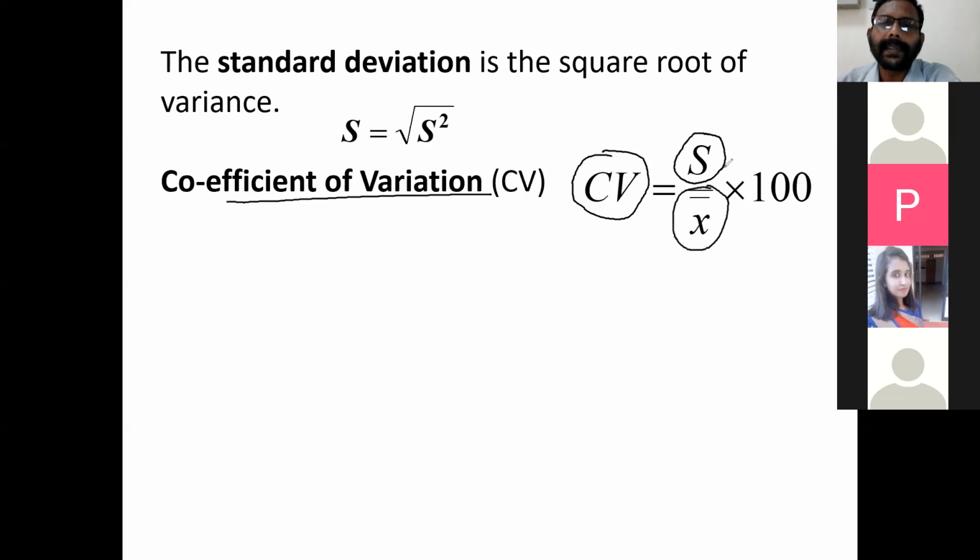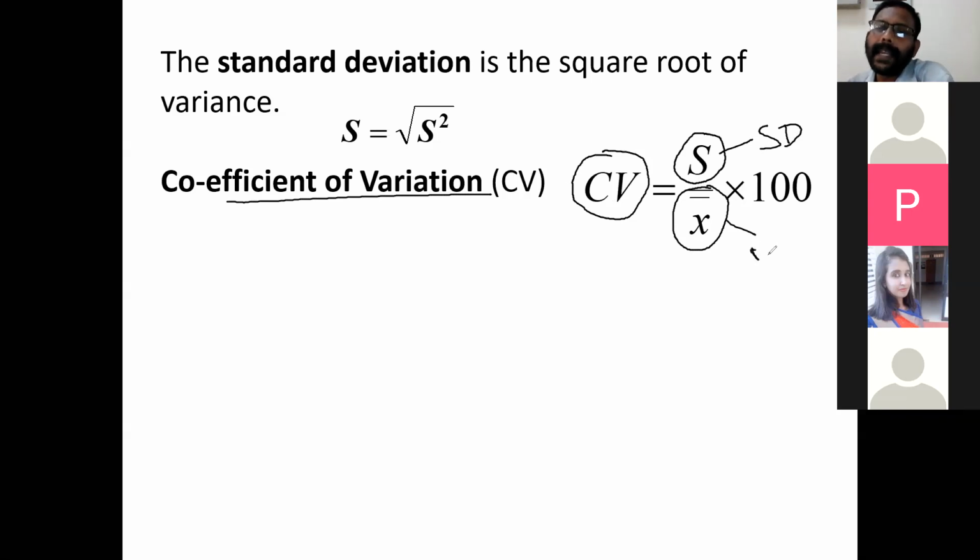What is S? Standard deviation, the sample standard deviation. What is X bar? Sample mean.